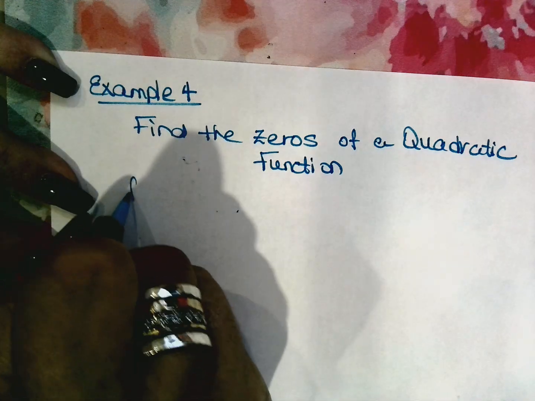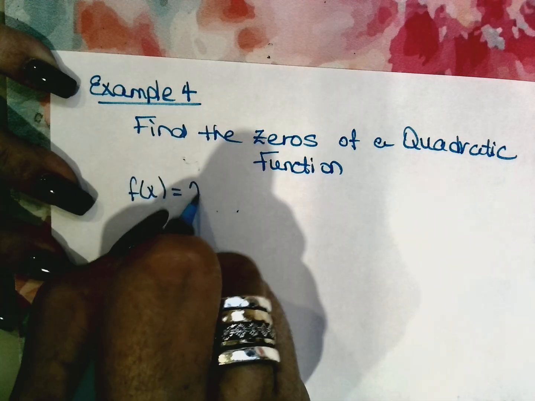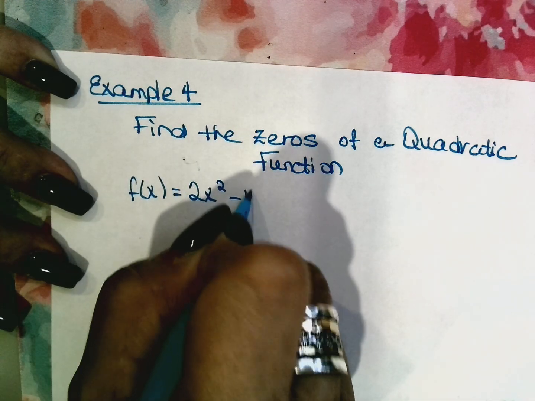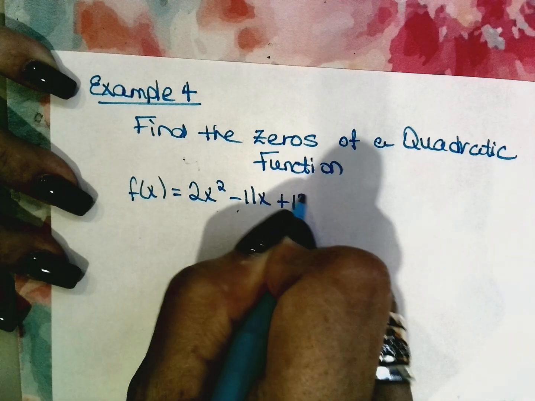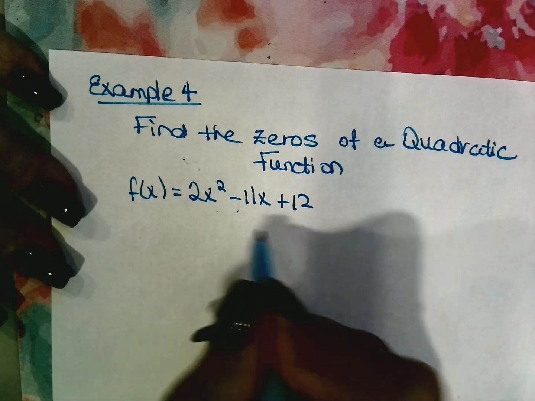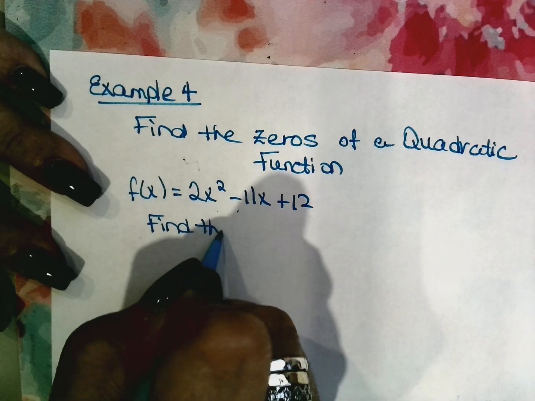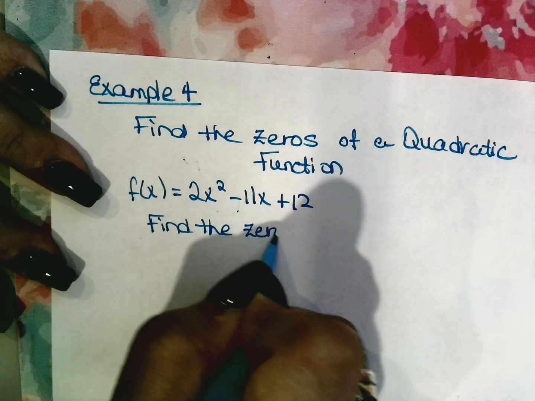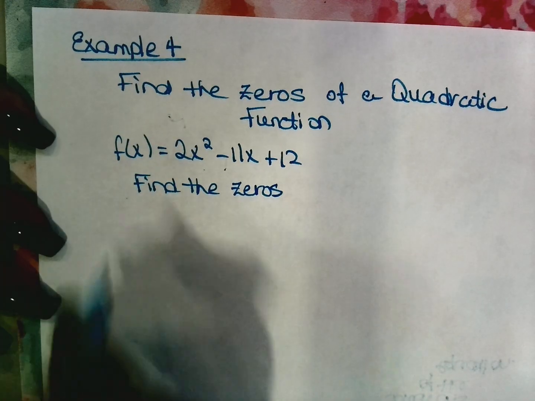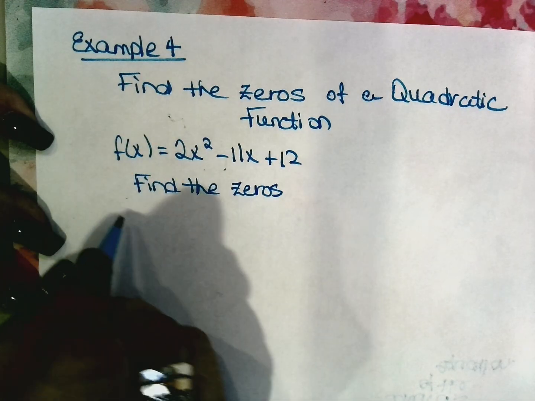So if you're given this function, f of x equals 2x squared minus 11x plus 12, and they ask you to find the zeros, you go ahead and let f of x be 0.